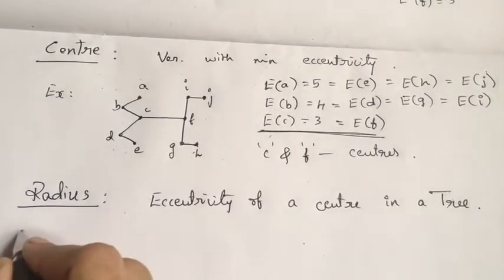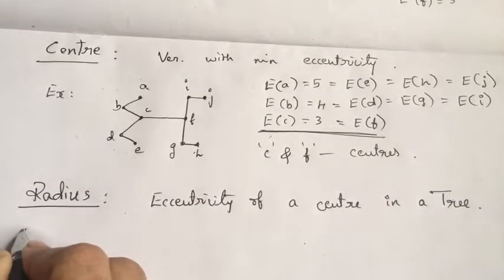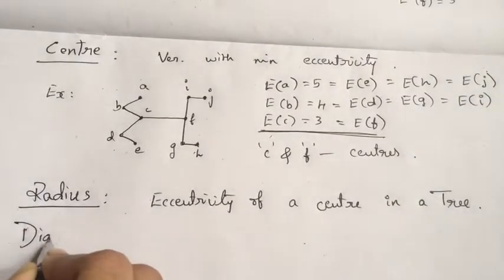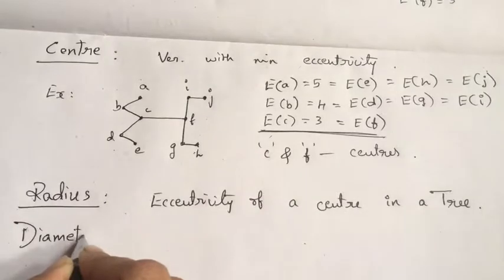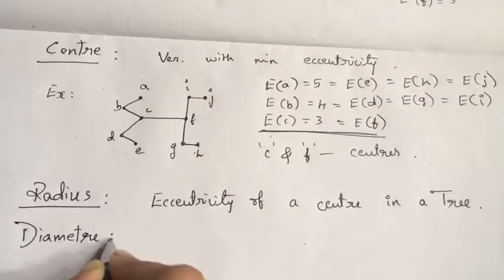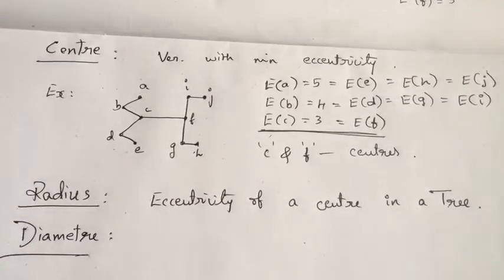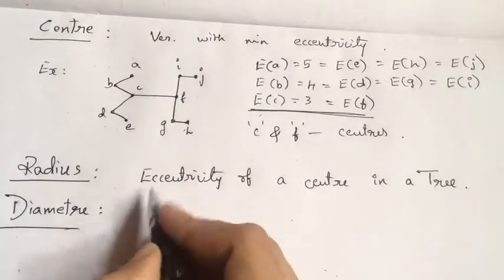And one more term I'll mention, and I'll give the example: diameter of a tree. The diameter of a tree is the length of the longest path in the tree.